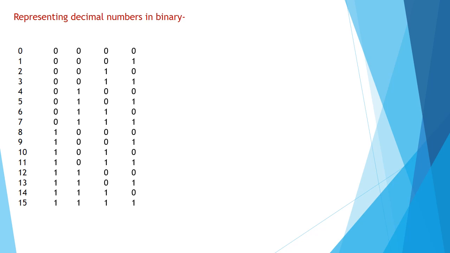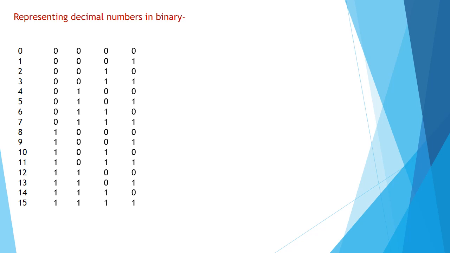Now why are we writing these things? Because 2 to the power 0 is 1, so in the last column we were writing alternate 0 and 1, that is 1 time 0, 1 time 1. But in the next row, 2 to the power 1 is equivalent to 2, so we have alternated with 2 zeros and 2 ones. And next, 2 to the power 2 is 4, so we have not alternated with 3, we have alternated 4 zeros and 4 ones.